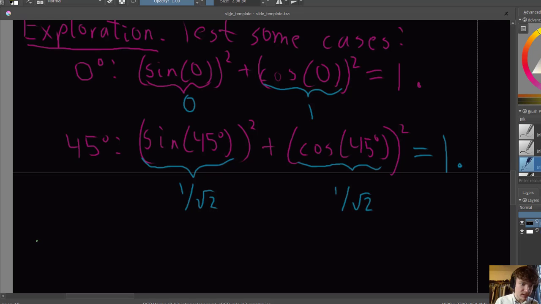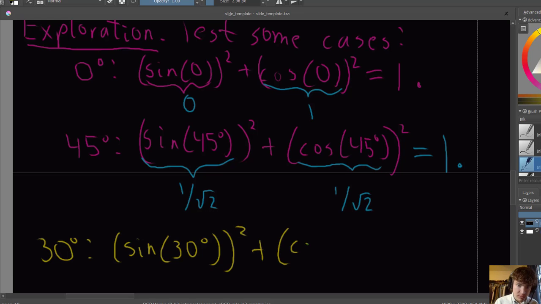So we saw this 30 degrees. So this would be sine of 30 degrees, which we saw was 1/2, squared, plus cosine of 30 degrees squared. And what are these guys? Well, we figured out that the cosine of 30 degrees was this weird square root of 3 divided by 2.